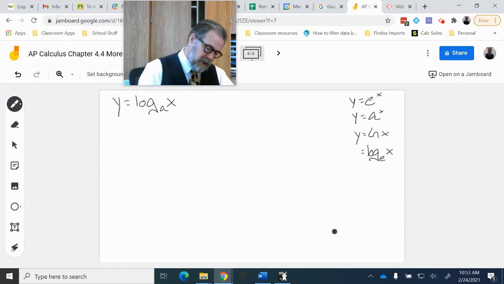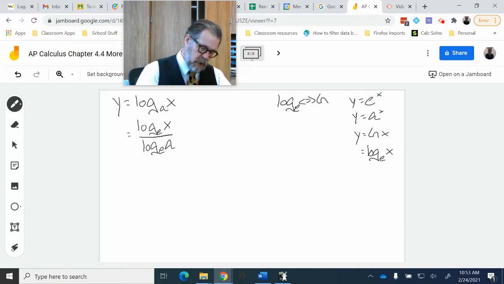So let's start by rewriting log base a of x as log base e of x divided by log base e of a. And of course, hopefully you remember that log base e is the same as natural log. And so what we've got here is natural log of x over natural log of a.